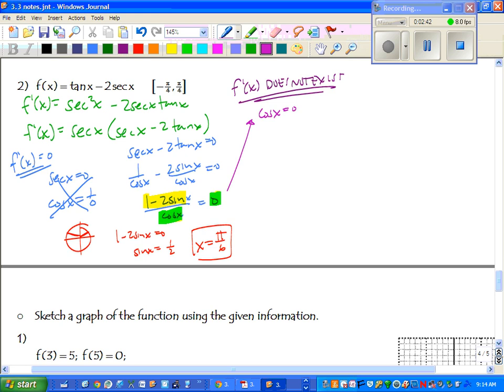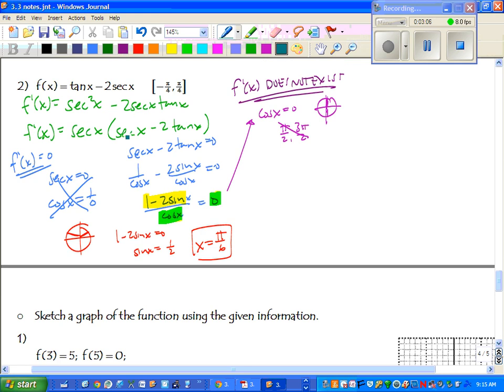If the cosine of x equals 0, then our derivative does not exist. Cosine is equal to 0 at pi over 2 and 3 pi over 2, but neither of those fall within our interval here. So pi over 2 and 3 pi over 2 are not going to work out for us.